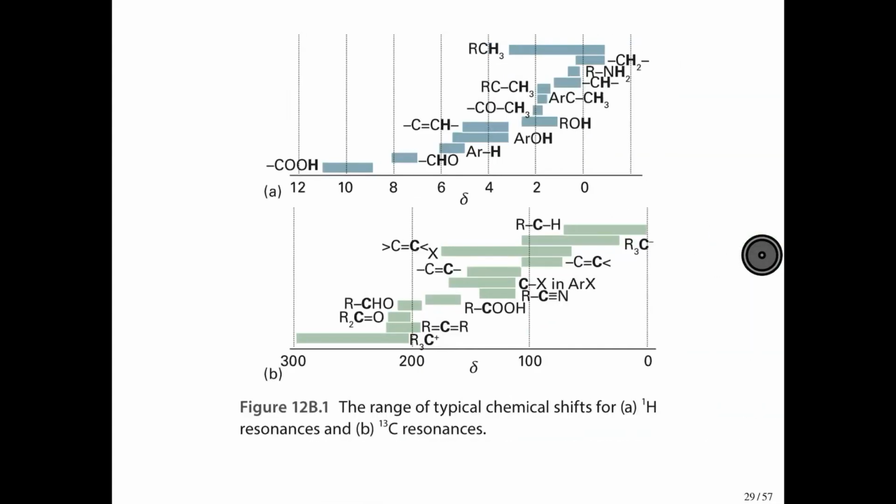This is a nice table to look at. It shows you the expected chemical shifts for different types of protons in the upper panel and different types of carbons in the carbon-13 spectrum for different chemical environments. So over here we've got an acetic acid proton. We see that it is occurring at a large chemical shift.